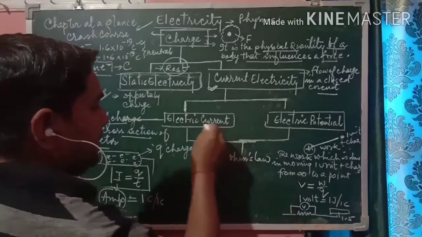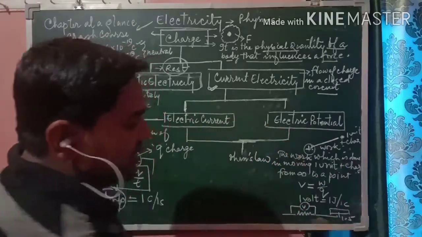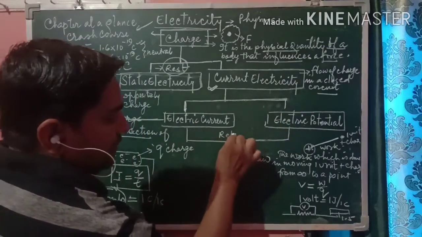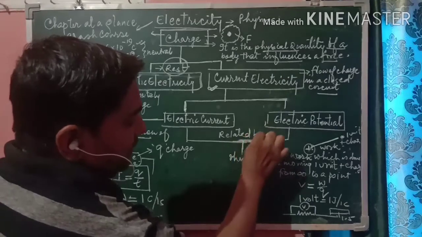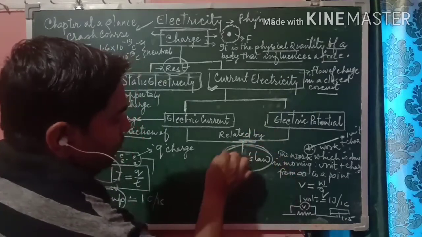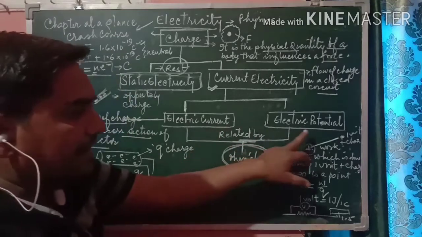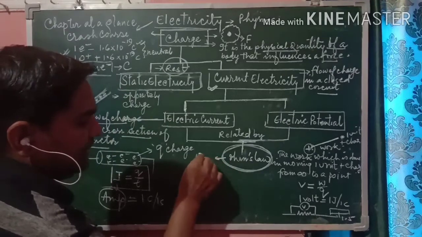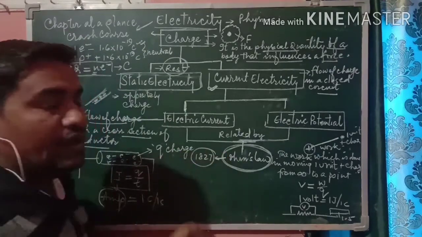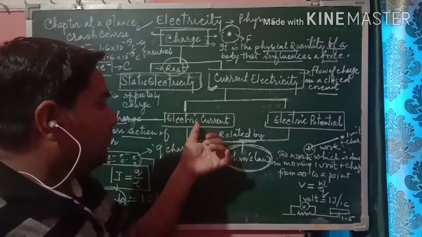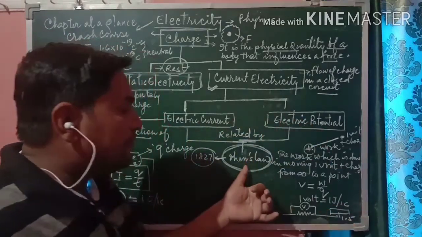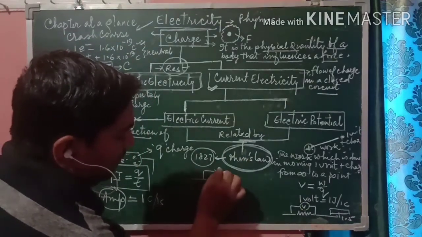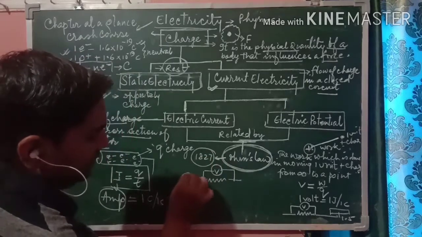Okay students, so here you have read electric current, and I have given you a very short description of electric potential, but these two are related by Ohm's law. George Simon Ohm in 1827 gave the famous relation of electric current to electric potential, known as Ohm's law.